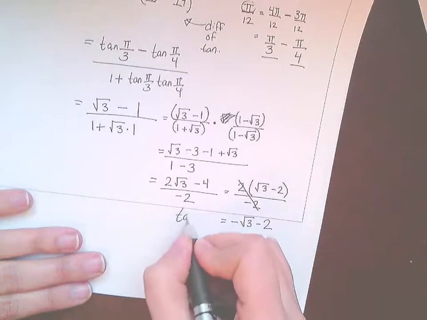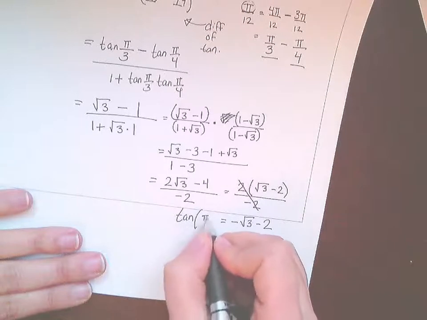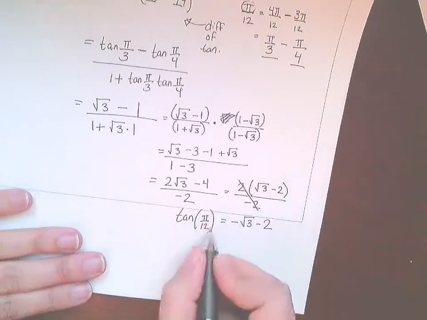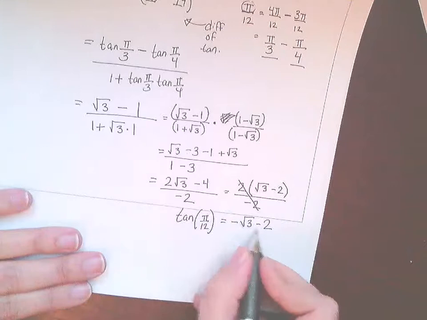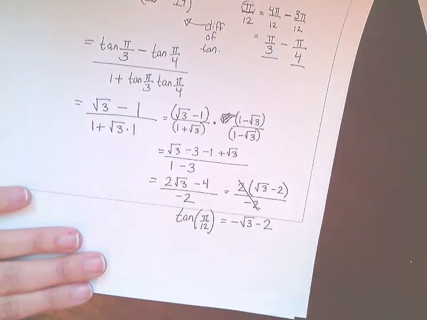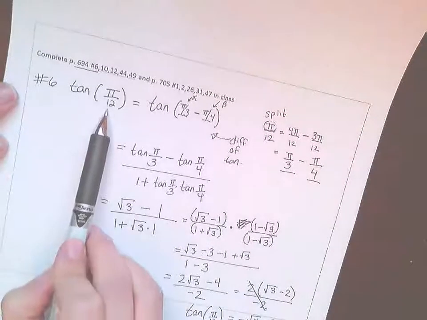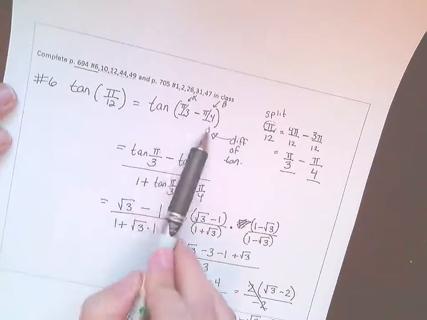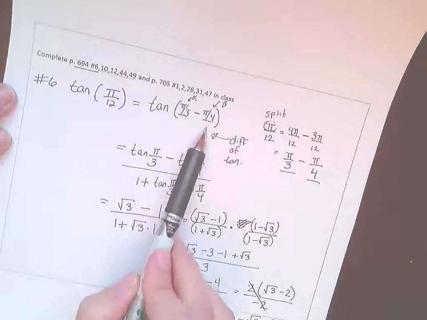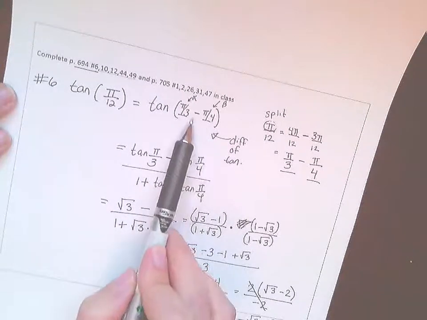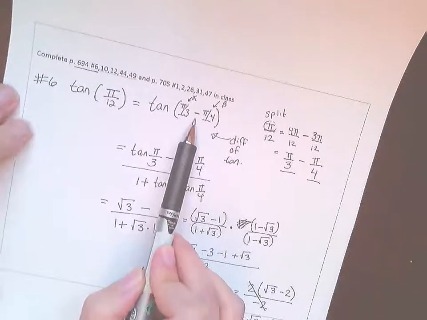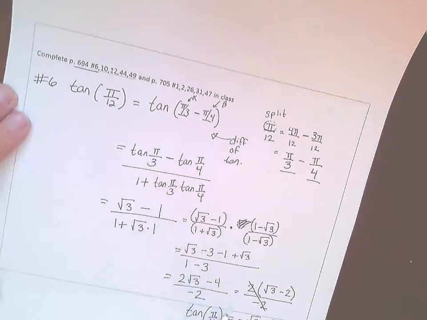So tangent of pi over 12 is equivalent to square root of 3 minus 2. So without a calculator, I took a radian that was not on the unit circle, split it up into two radians that are on the unit circle using the difference identity, and I used that to solve.